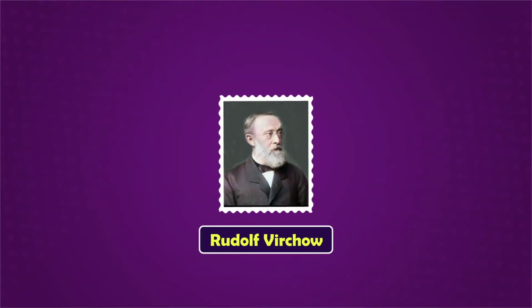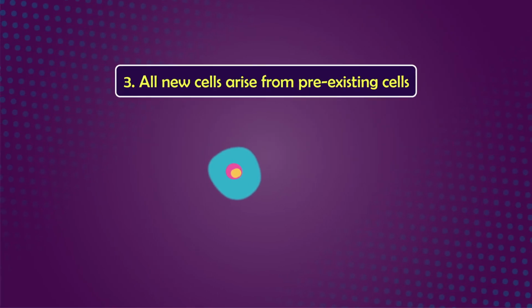Rudolf Virchow further expanded the cell theory in 1855 by suggesting that all the cells arise from pre-existing cells. That is, cells divide to produce new cells of their own kind. This postulate was also added with cell theory. It is a developing theory. New postulates have been added since then.